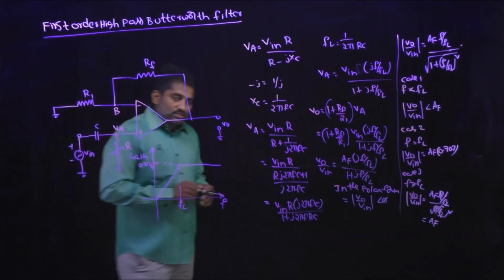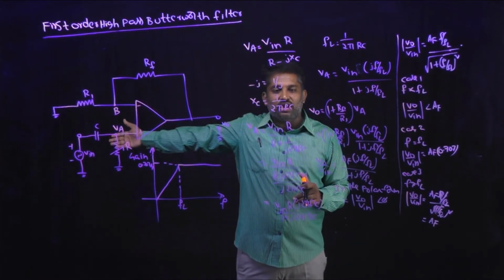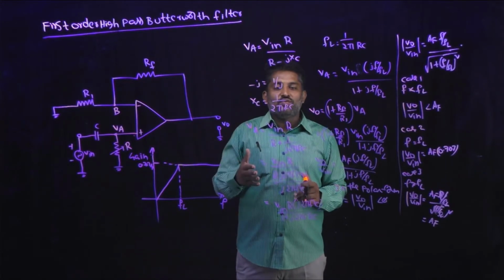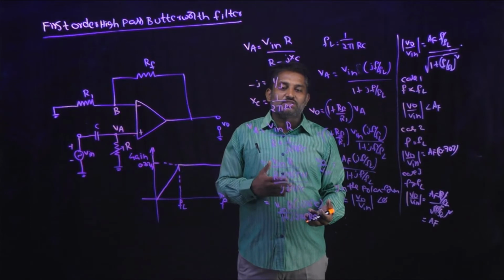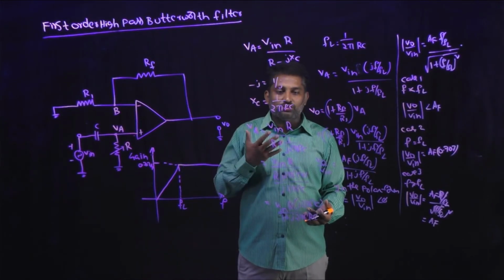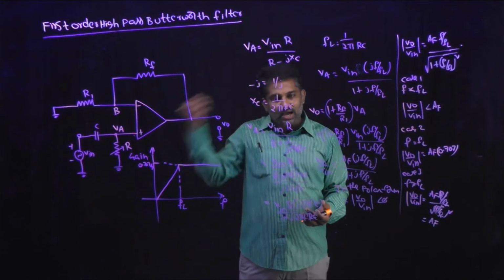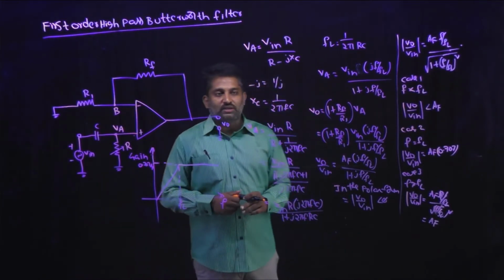Okay, similarly, what we have seen for the design steps in the first order low pass Butterworth filter, here also whenever they are asking you to design the first order high pass Butterworth filter, you have to follow the rules that you followed in the design steps for the first order low pass Butterworth filter.